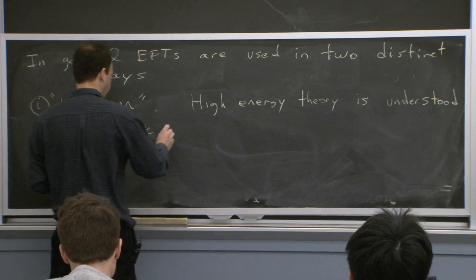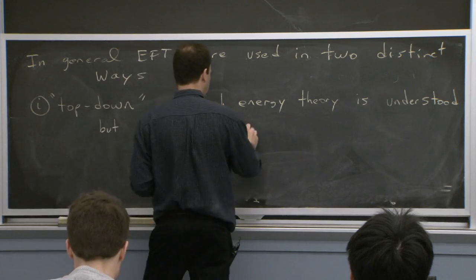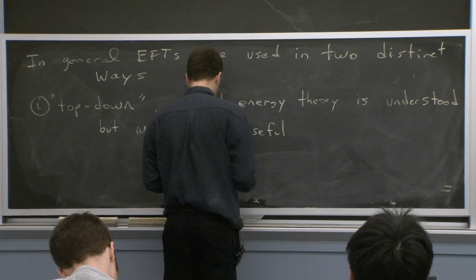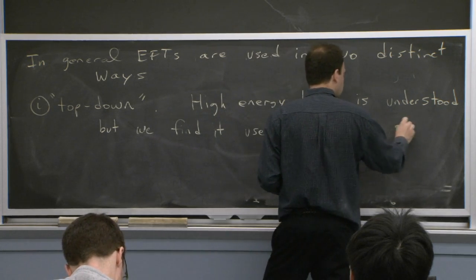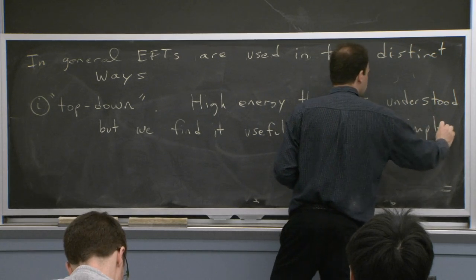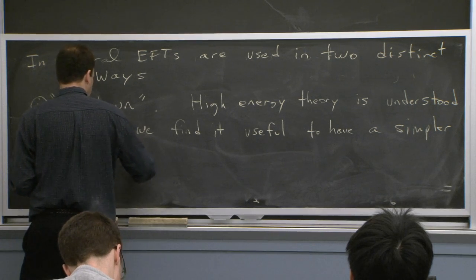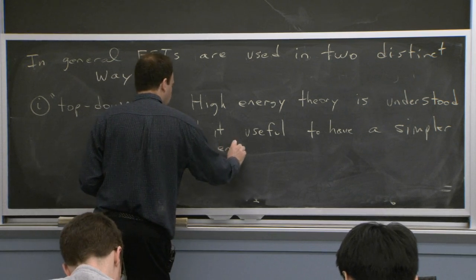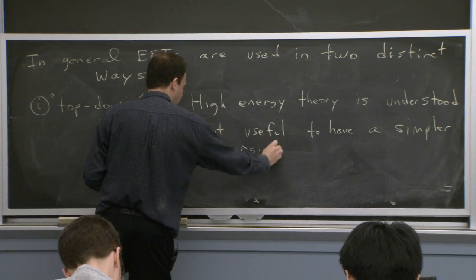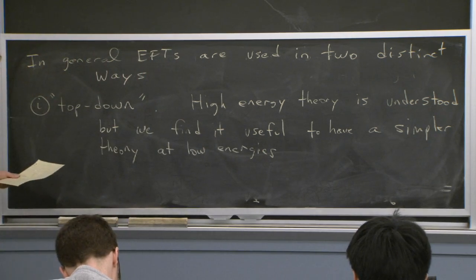But we're not satisfied with that. We find it useful to have a simpler theory to do some low energy physics, or even to do some high energy physics where not all the degrees of freedom of this high energy theory are relevant.